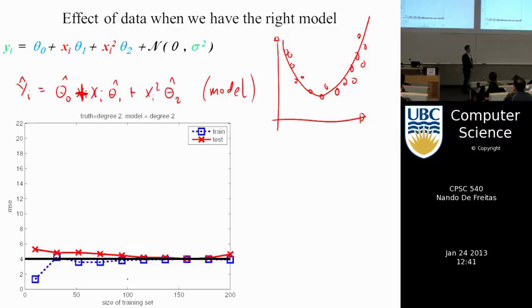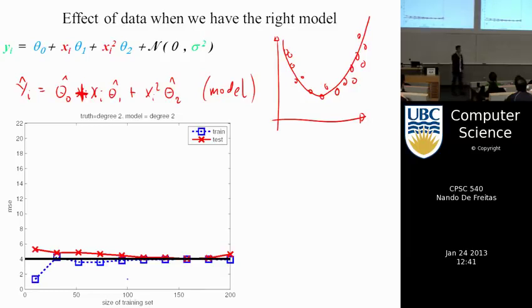These plots are from his book. What Kevin did was increase the size of the training set. As you increase the training set, both the training error and the test error converge to the optimal error. We'll always make some error because it's impossible for a quadratic to fit all the points, because there is noise in those points, as the picture indicates.